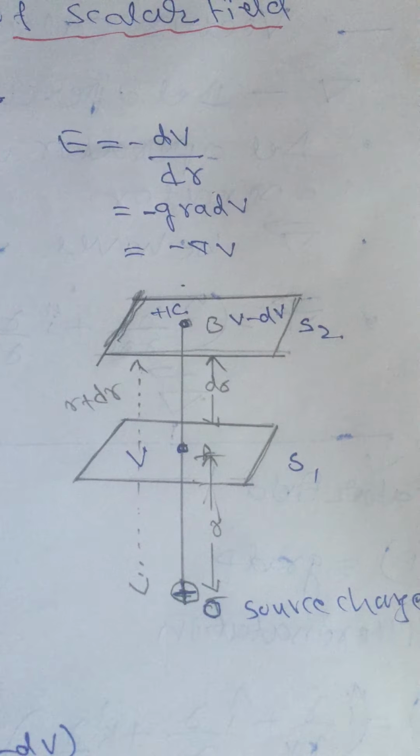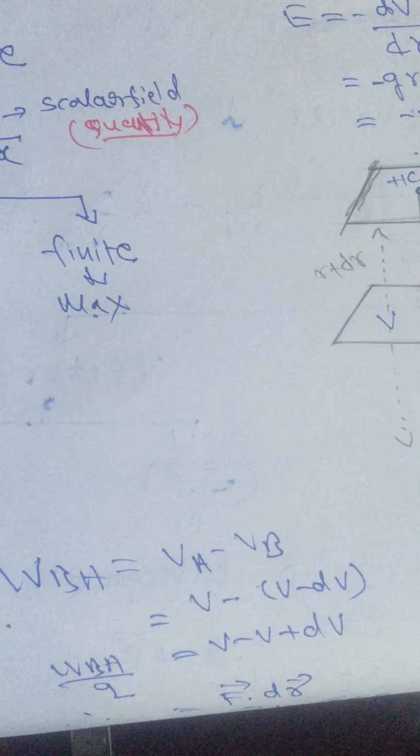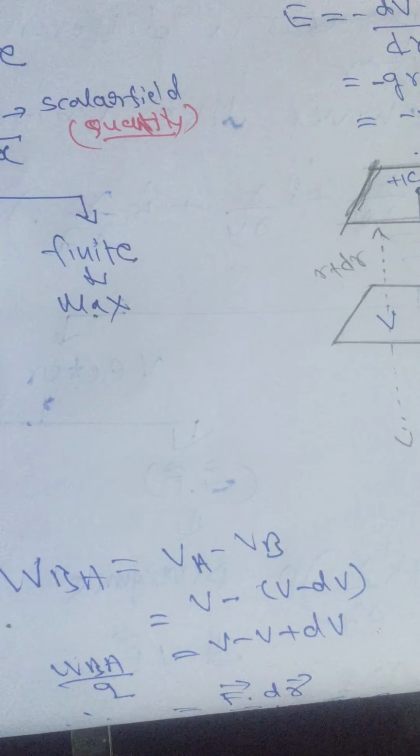In the sense, the work is done moving a unit positive charge from B to A. That work done is equal to VA minus VB. Means at the surface S1 the potential is V and at S2 it is V minus dV. Then the work done per unit charge is V minus V plus dV.